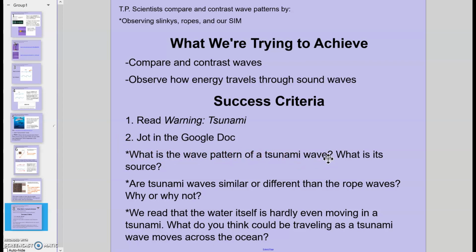Remember, our options are up and down or back and forth. And what is its source? Are tsunami waves similar or different than the rope waves? Why or why not? And finally, you're going to read that the water itself is hardly even moving in a tsunami. So what do you think is traveling as a tsunami wave moves across the ocean?